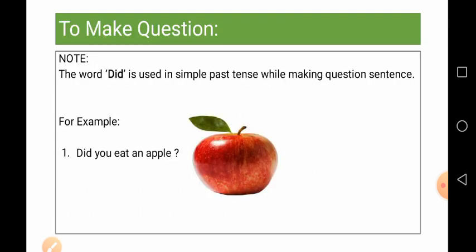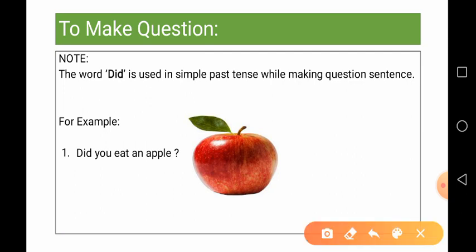Okay. Now, next. Here we learn how to make a question in the simple past tense. You know, in simple present tense, to make a question sentence, we use do or does as a helping verb. In the simple past tense, we use did.